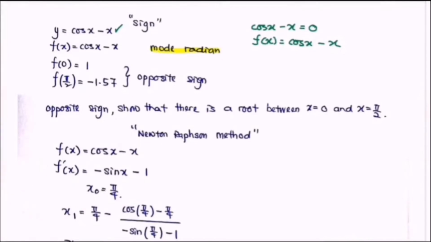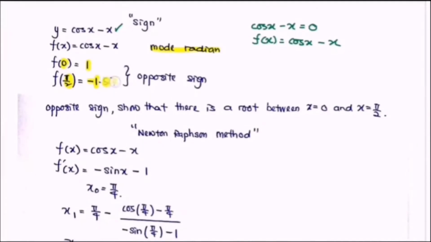So let's say the starting is 0, because we know that the function is in between 0 and pi. So let's say we have 0. If we press the calculator, it shows a positive value, which is 1. Next, followed by pi over 2. Notice that we have a negative value.